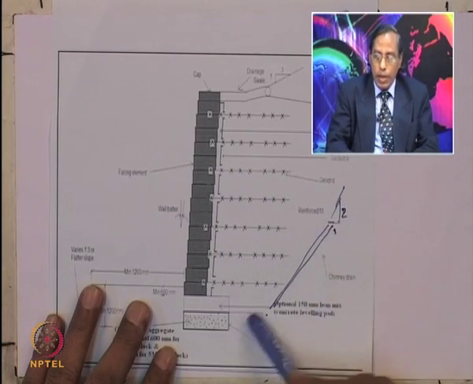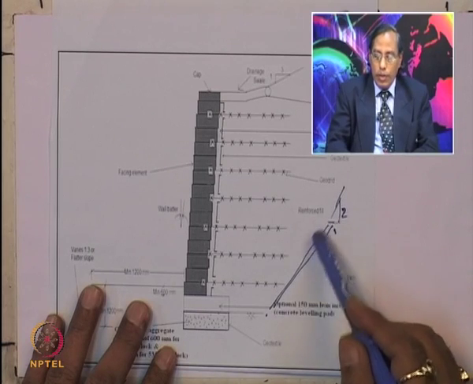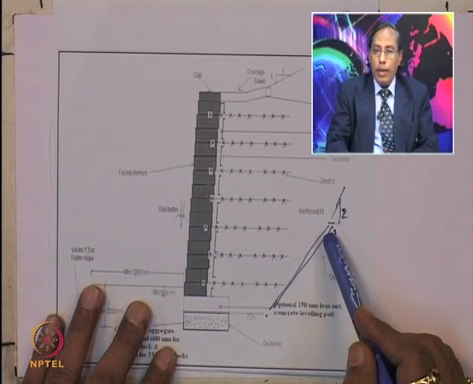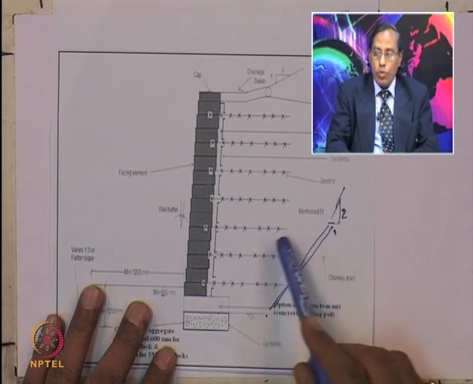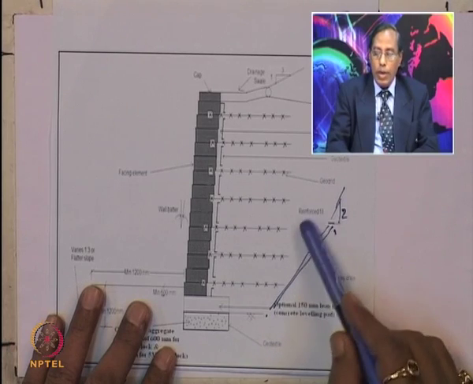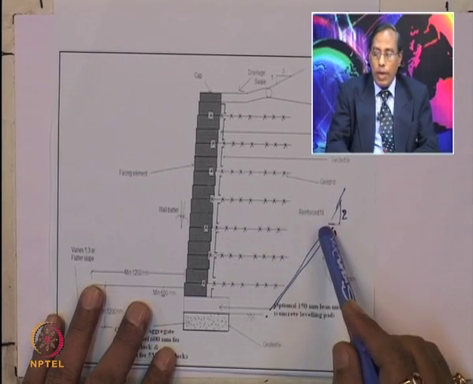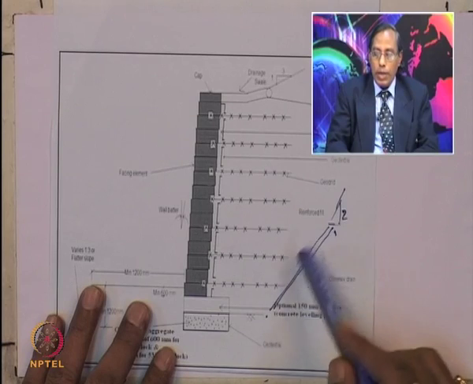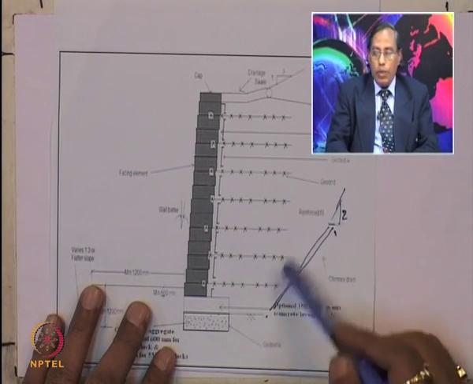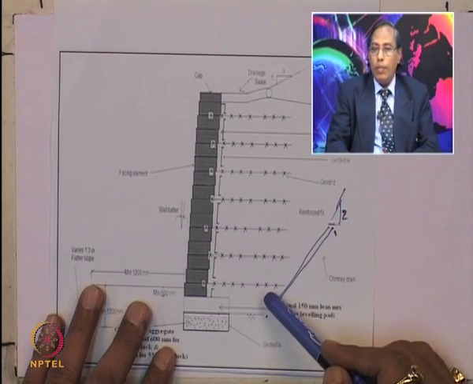Drainage is very important. So, you can provide a chimney drain at the back of the retaining wall. Conventionally, 300, 400 to 500 millimeter thickness of good quality aggregate is used. Alternative to that, you can provide a geotextile material, either woven or non-woven, or a geocomposite material.